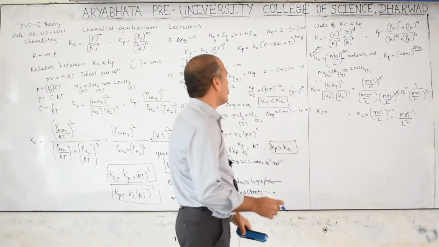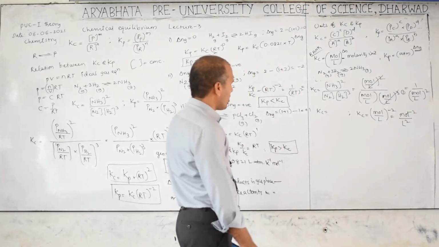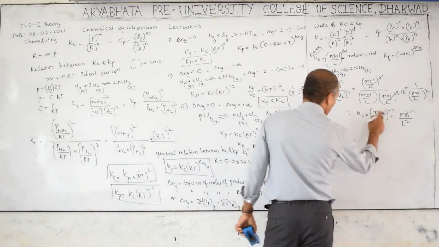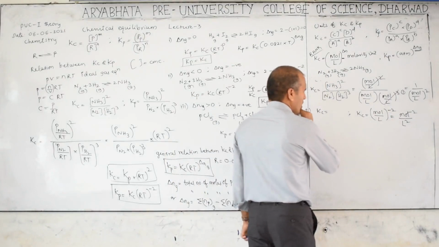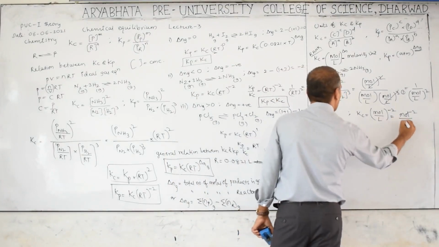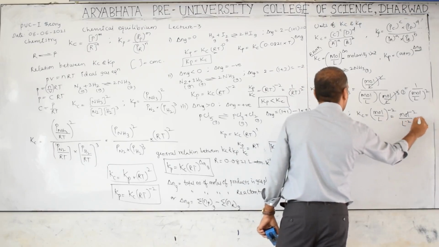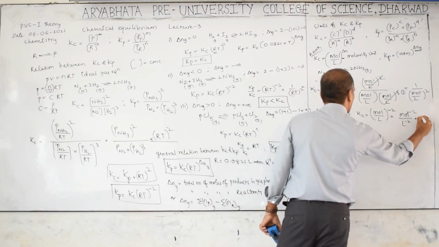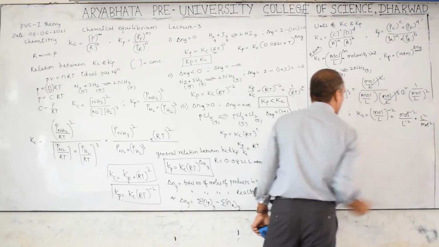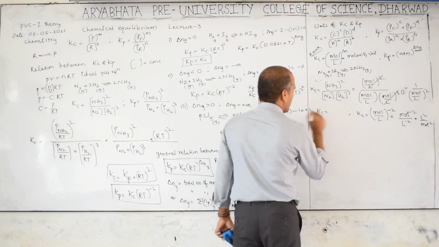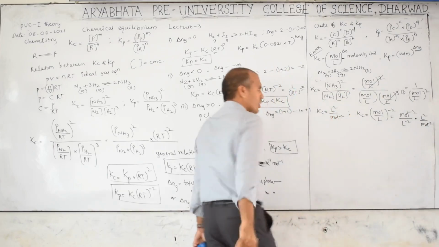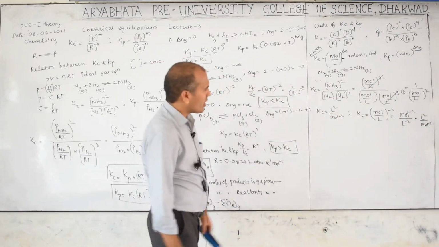Mole per liter whole power delta Ng, delta Ng is -2, so mole inverse 2. Then this is also -2, and this is reversed, meaning liter square mole inverse 2. Correct. So whatever I wrote already is correct only: liter square by mole inverse 2. Correct?